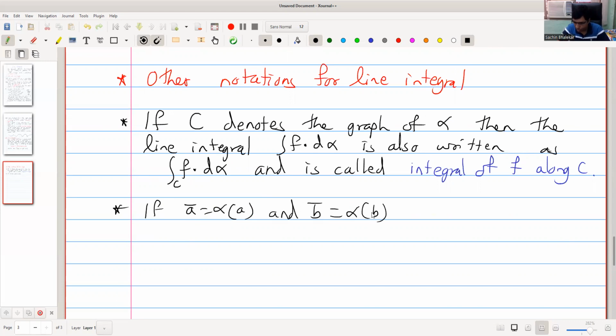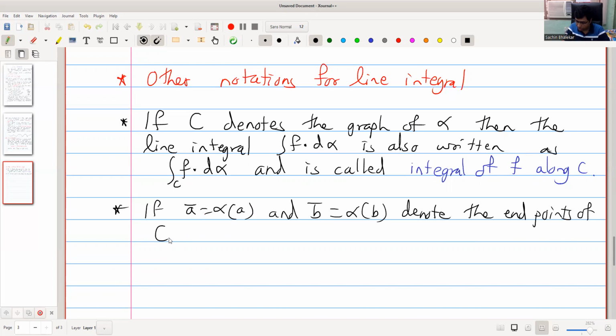Same is true for B bar and b. These denote the endpoints of the curve C.